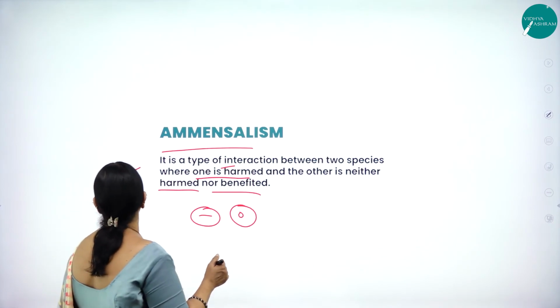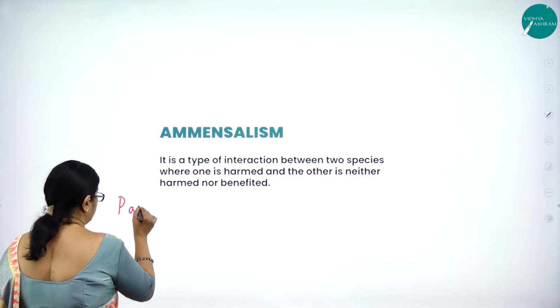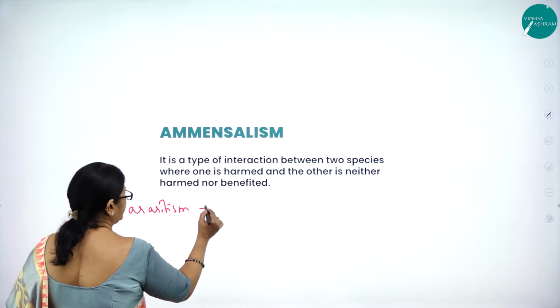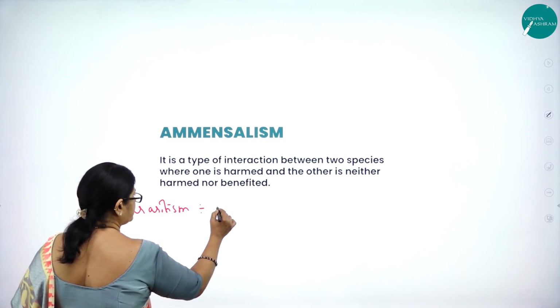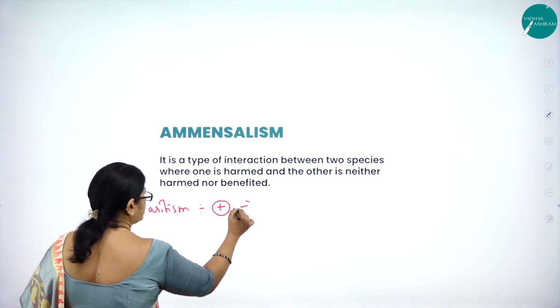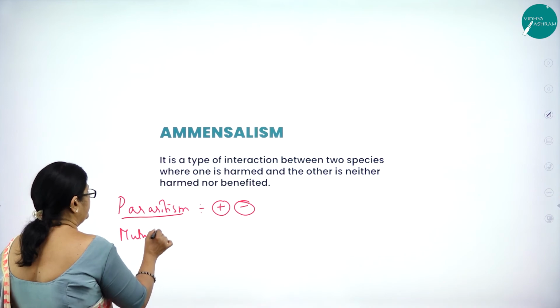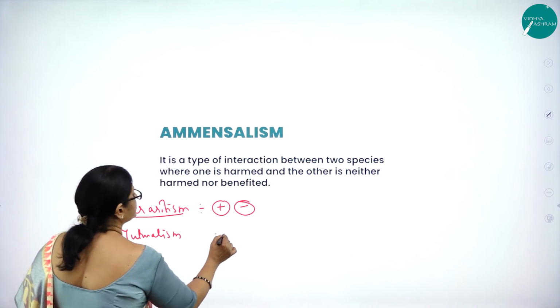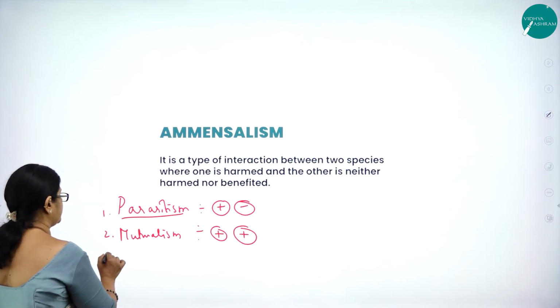Now, let us come across the symbols. Parasitism, one is plus, the other one is minus. And in mutualism, both are benefited, so it is plus plus.